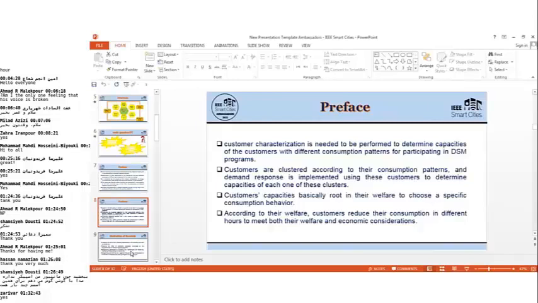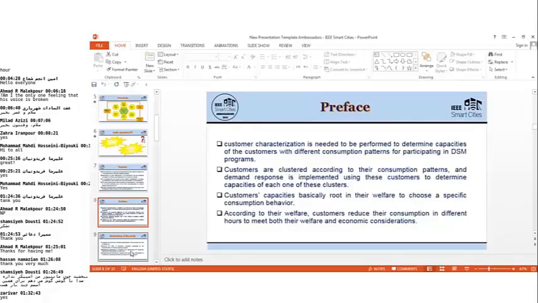So their consumption needs to be analyzed, to be able to select the most susceptible group of customers for participating in demand side management programs, not all of them. For this reason, customers are clustered according to their consumption patterns, and demand response is implemented using these customers to determine capacities of each one of these clusters.